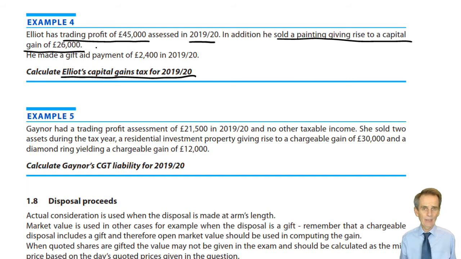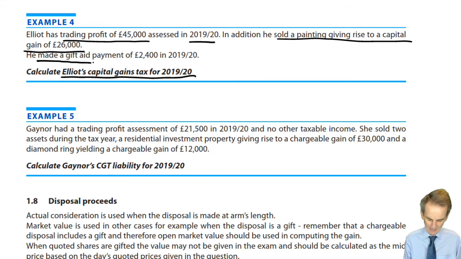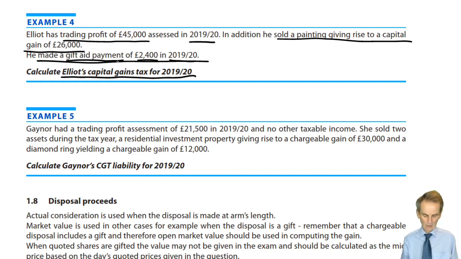We again, as ever, need to take the income and work out taxable income, take the gains and work out taxable gains. But this time, in terms of the taxability of the taxable gains, in terms of working any remaining available basic rate band, we're told that he made a payment of £2,400 in the 19-20 tax year, and that was a gift aid payment.